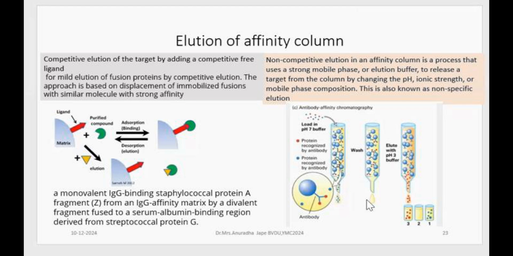Harsh treatment is required, so you have to change the elution buffer pH and ionic strength to extremes, pH 2.5 to 4 is required many a time. That may affect your biomolecule's nature, but this can be taken care of by replacing the type of ligand, right?